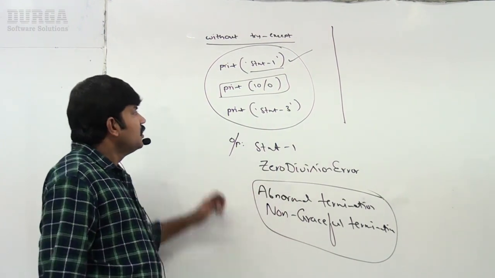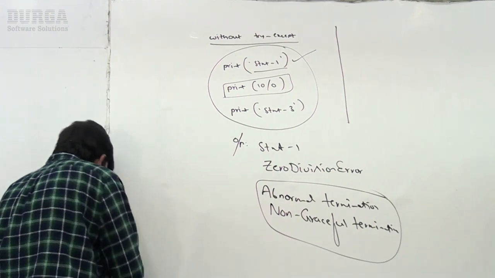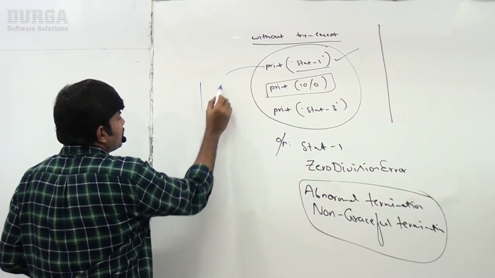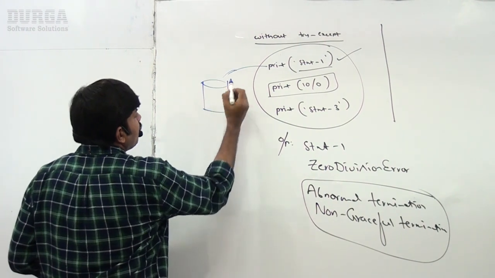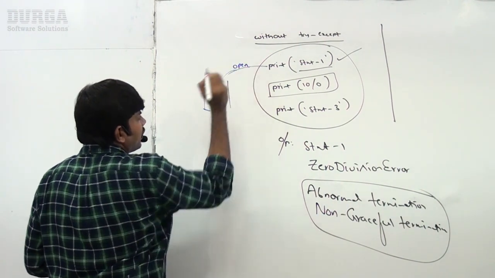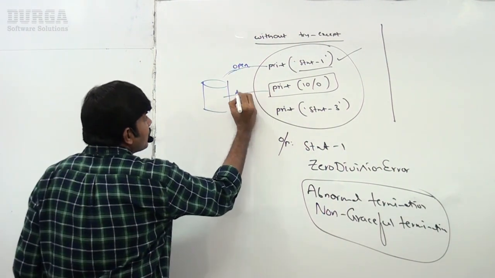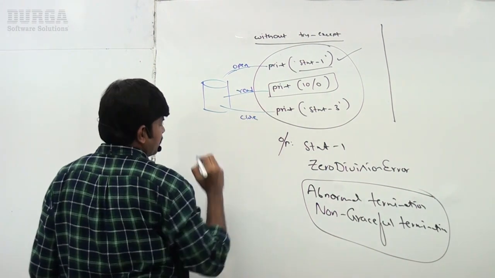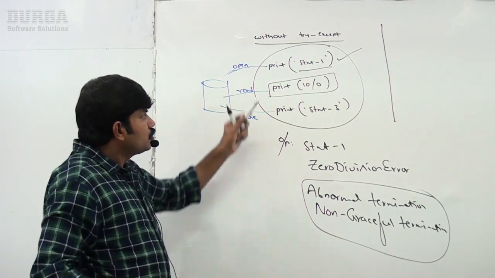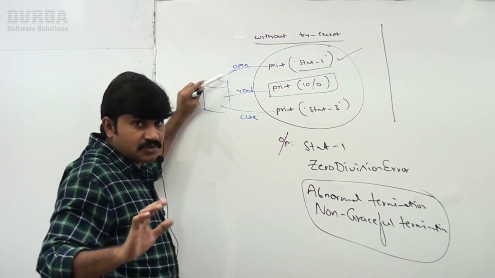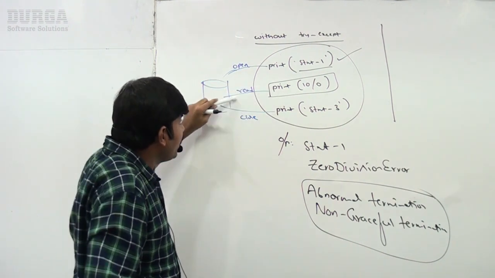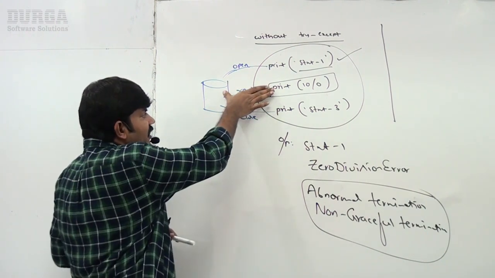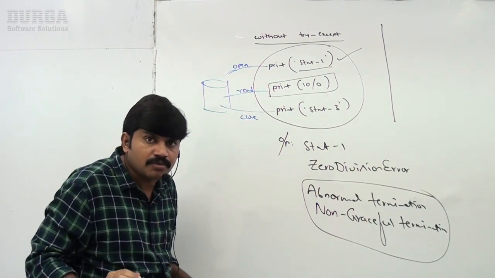The reason is, suppose assume the first line opens a database connection, the second line reads data, and the third line closes the DB connection. You open the DB connection successfully, but while reading some error came, and immediately the program terminated there without executing the rest of the code.